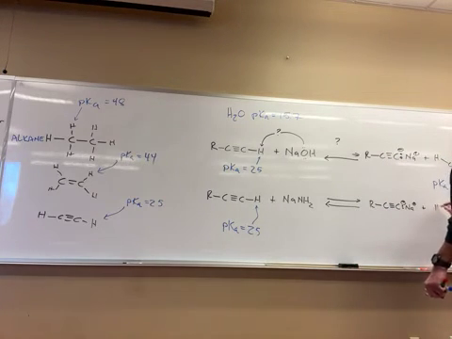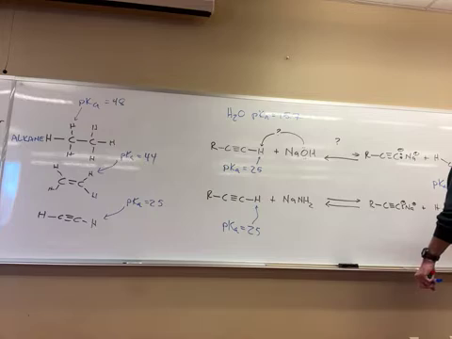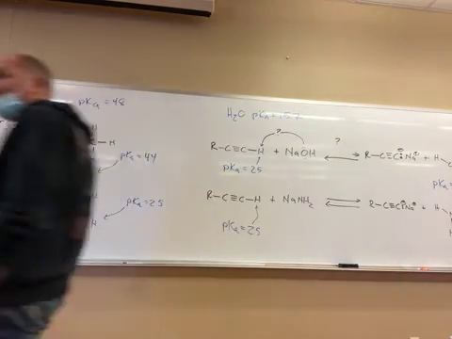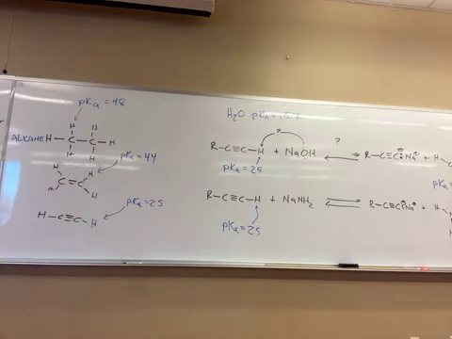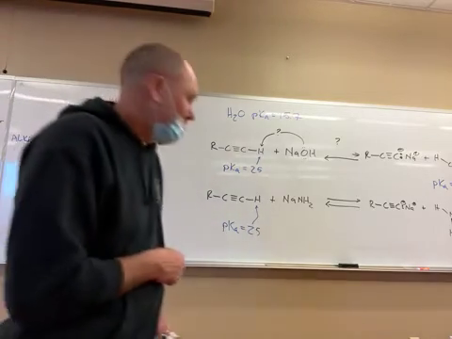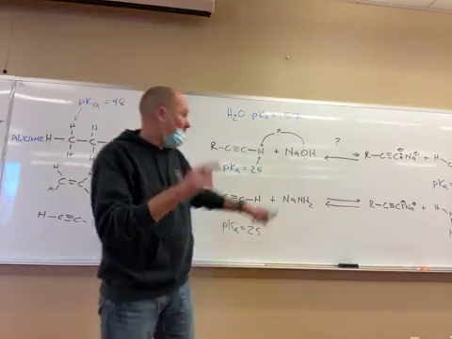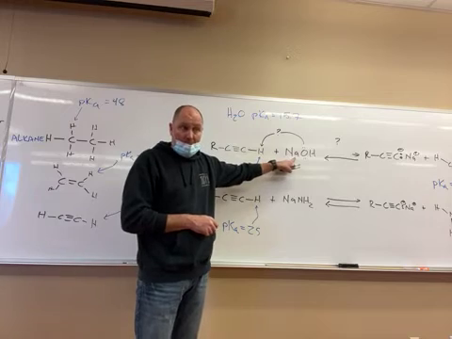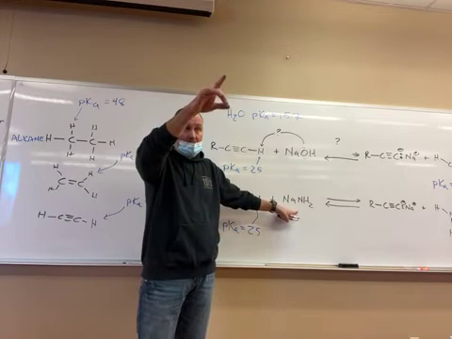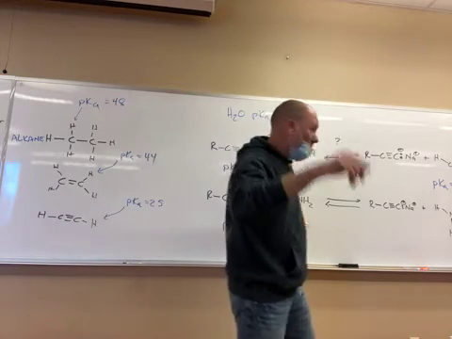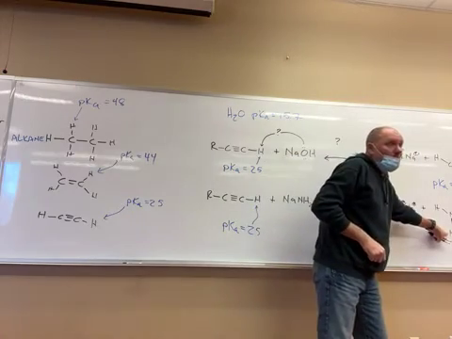And how would I assess this reaction? What am I going to look for in my pKa table? Not the sodium, remember, I haven't looked at that one. The pKa of ammonia. I'm going to look at the pKa of ammonia.